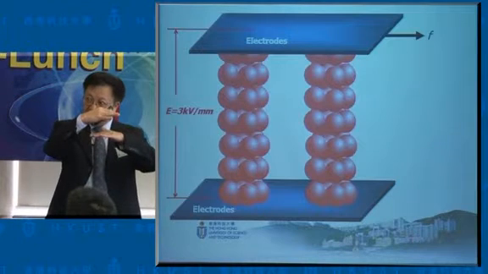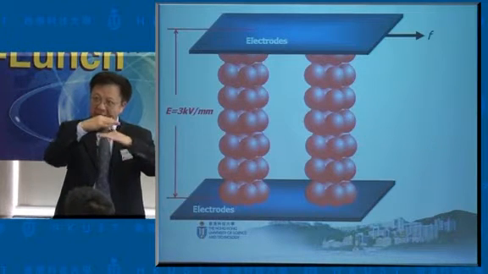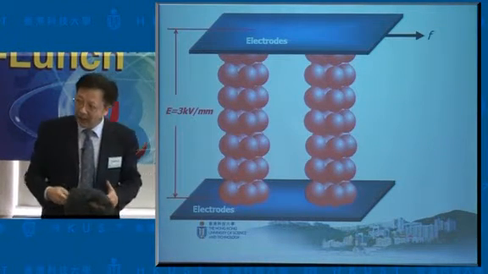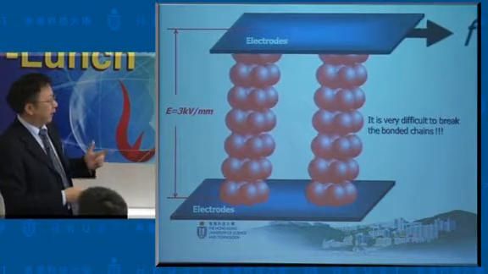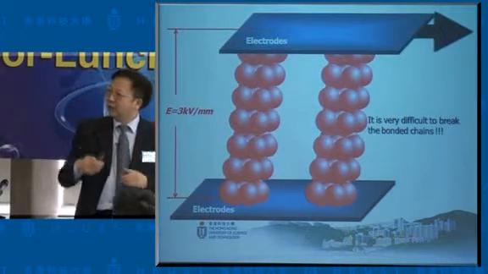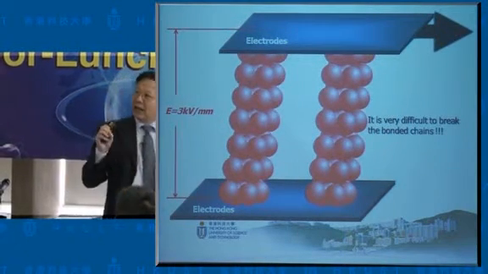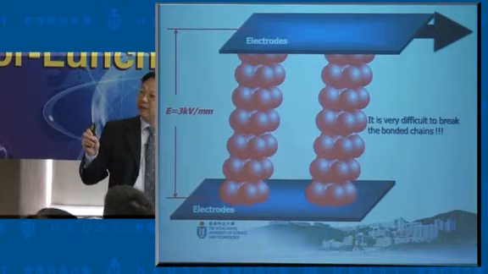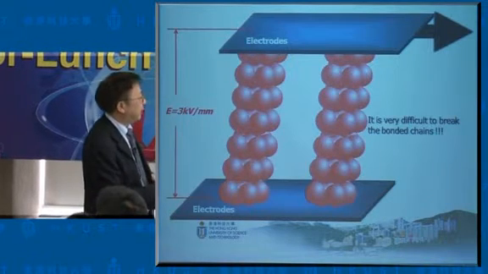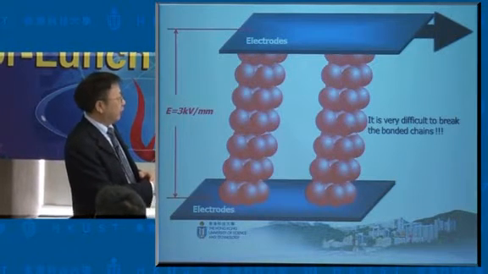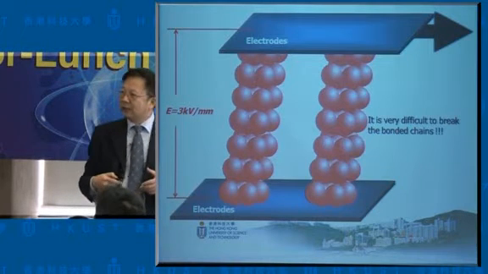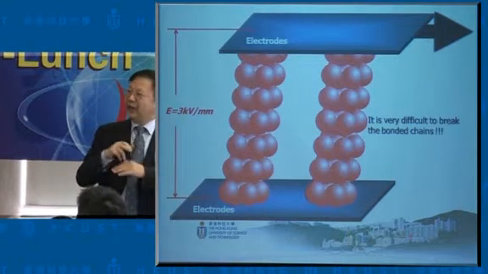So it's very difficult to shear one of the electrodes. However, if you increase the force, it can be sheared. So from here we know a high electric field is very difficult to shear. That means it's very difficult to break the bonded chains. So this is the ER effect.